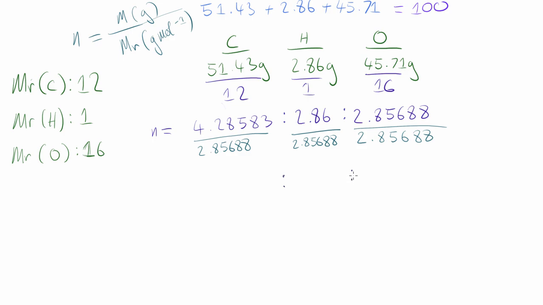And if you did that, what you should find is for this you get 1.50018. For this, you're going to get 1.00109.